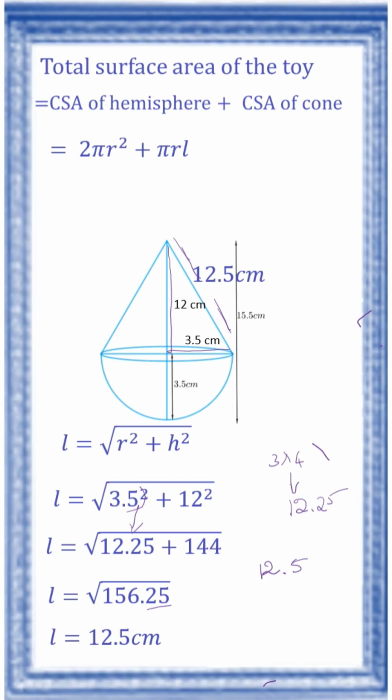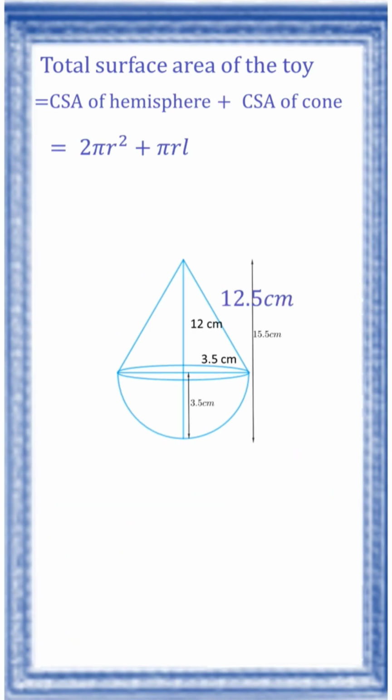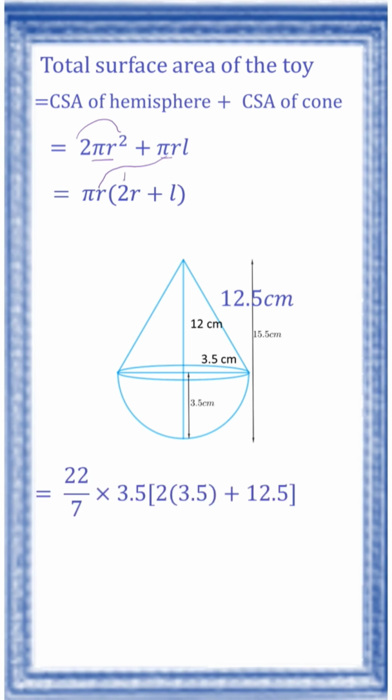Now we have the slant height. No problem. So now let us substitute the values. Pi r is common, remove it outside. Here 2r plus L. Let us take pi as 22/7. Here 3.5 can be cancelled by 7, so 1's and 0.5's.